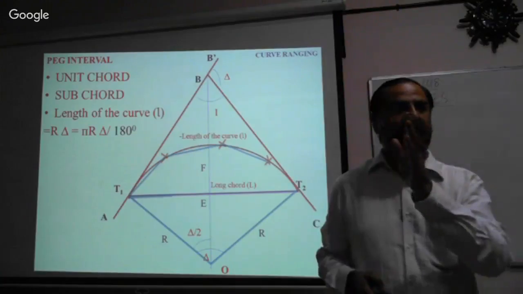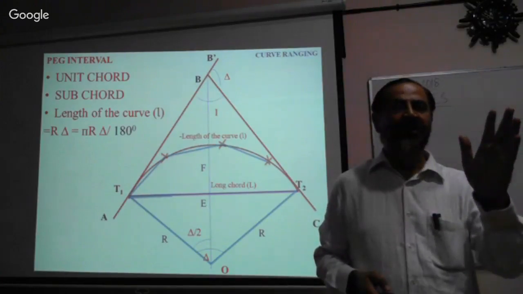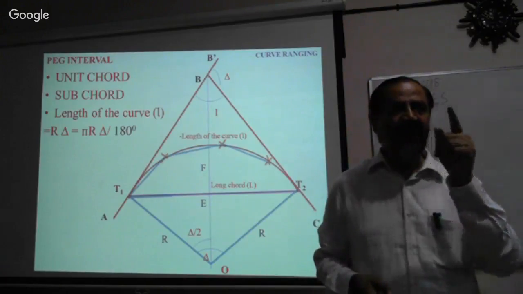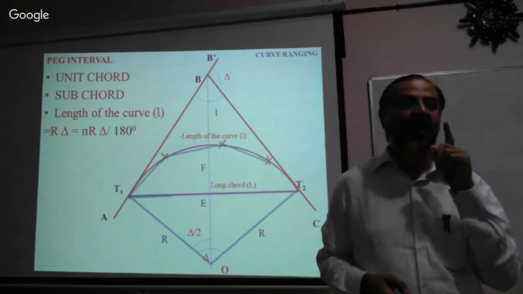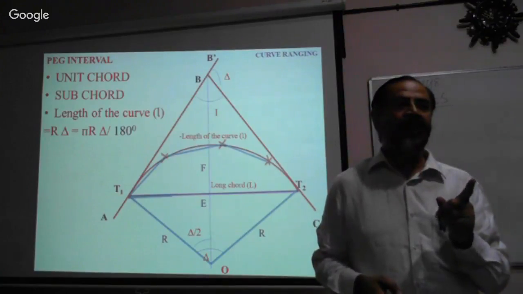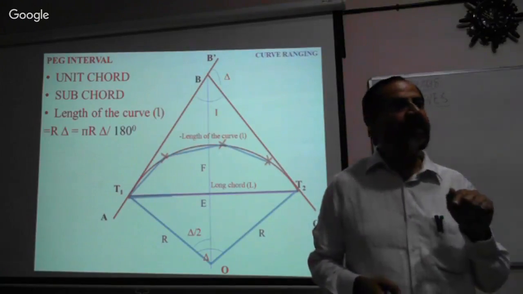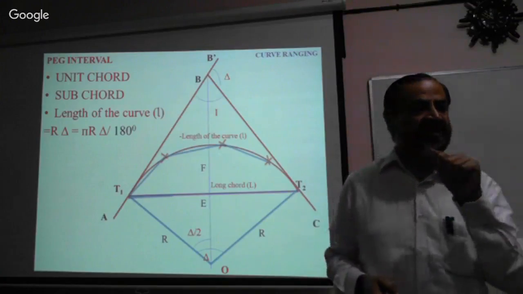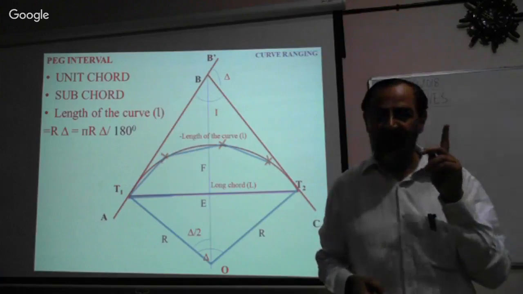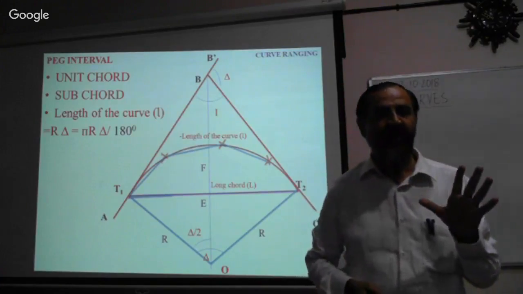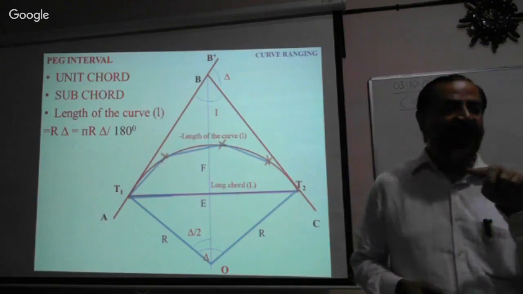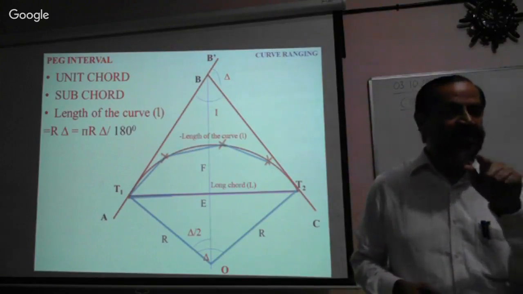Our card length is 30 meter, and our curve length is 345 meters. How many cards are we going to get? 345 divided by 30 is equal to 11 plus. 11 multiplied by 30 is equal to 330, plus how much?